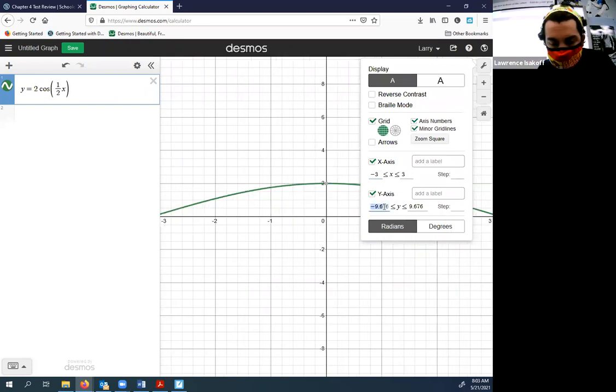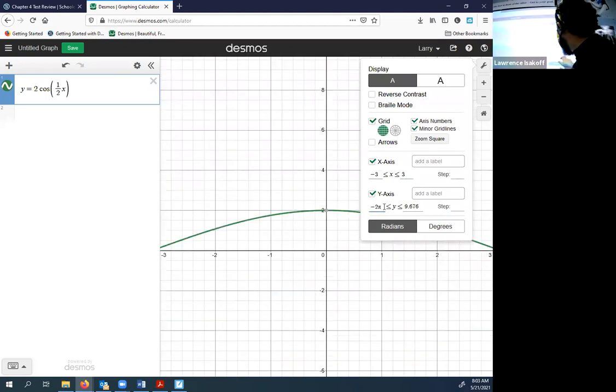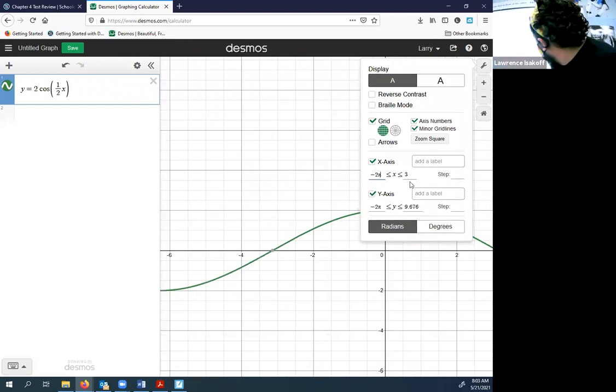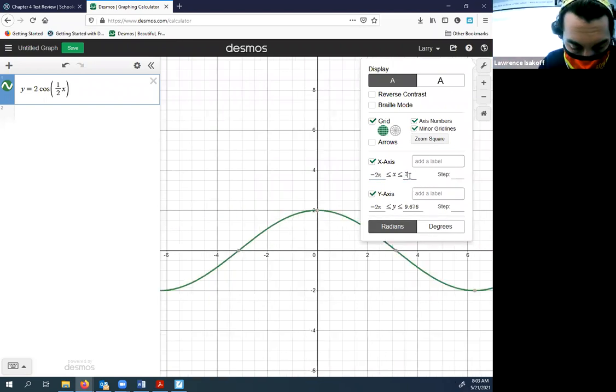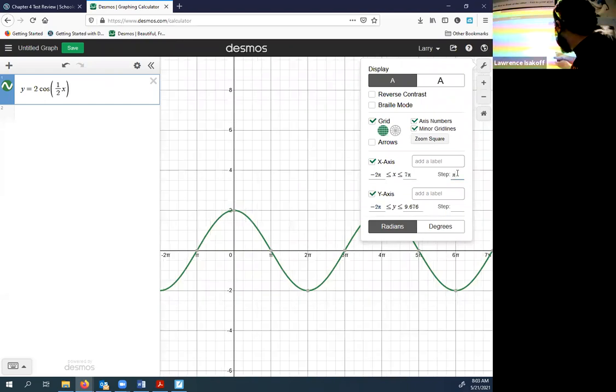The x-axis goes from -2 pi all the way up to 7 pi or so, with a step of pi, so it's counting by pi's.